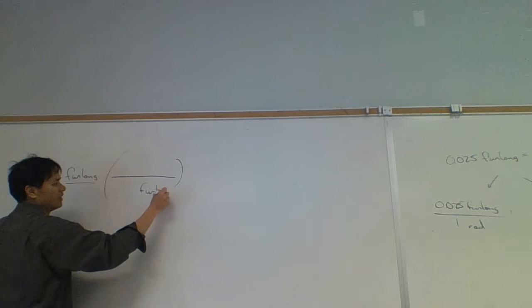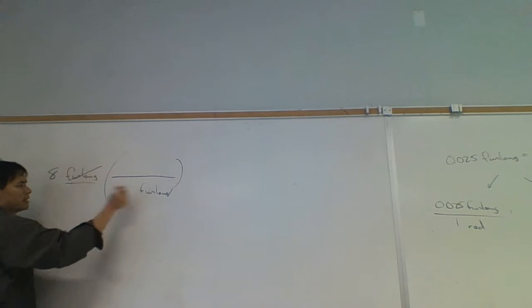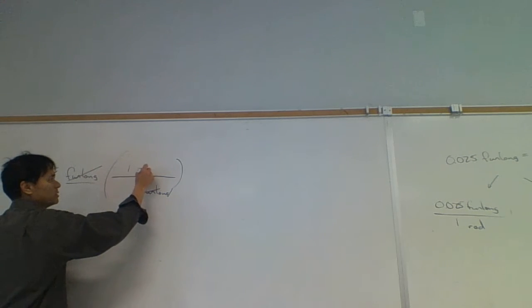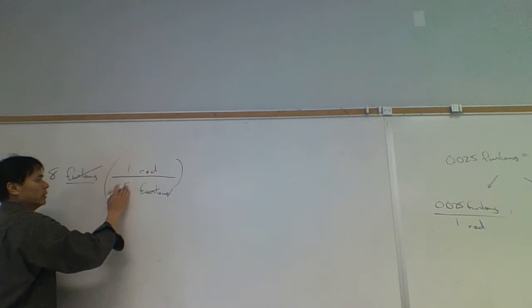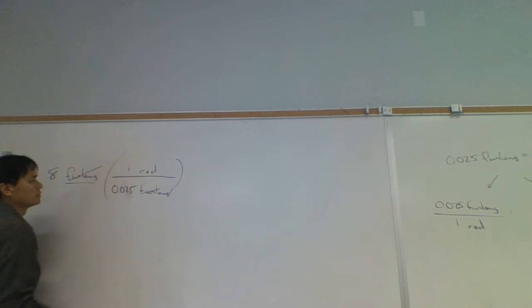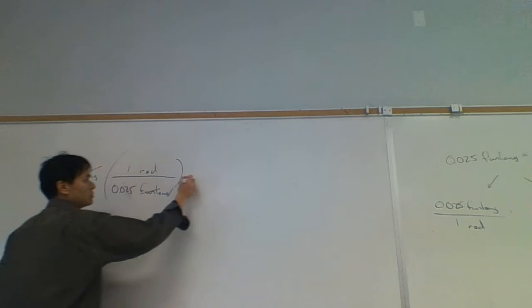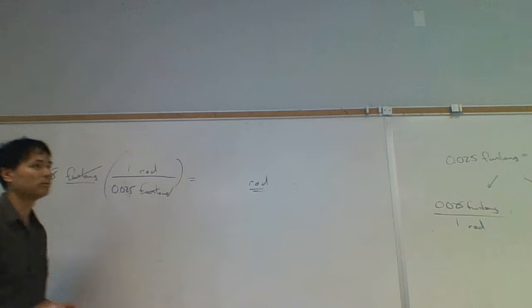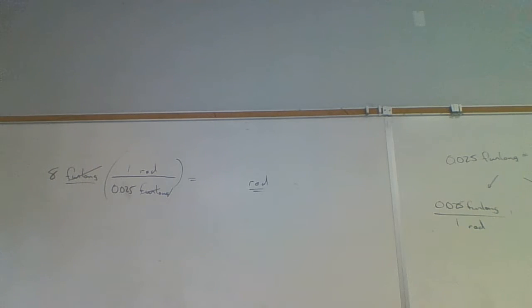So I'll put furlongs in the denominator so I can cancel out the dimension. But I have to relate it to a new dimension, so it looks like I can relate it to rods. 1 rod per 0.025 furlongs, and actually that's what I want, I want rods. So how many rods is that? That's 8 divided by 0.025, which comes out to 320 rods.